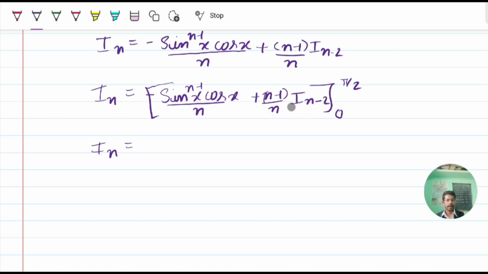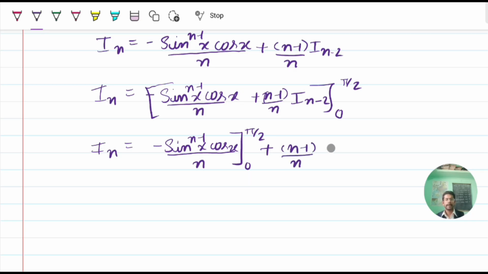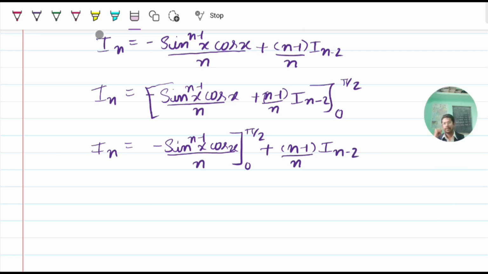So we apply them to this term only: minus sine power n minus 1 x cos x divided by n from 0 to pi by 2, plus n minus 1 divided by n into I_n minus 2.